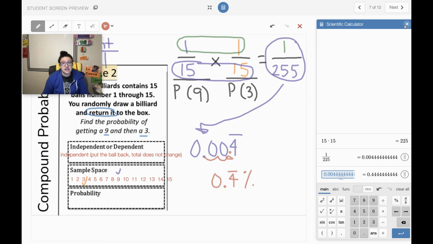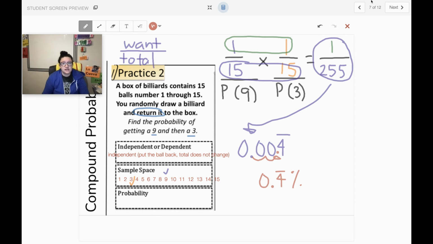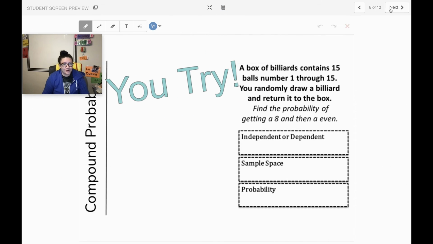Any questions? Let us know. Otherwise, we're going to have you try one on your own. Remember, the want over the total. I'm going to help you guys get this set up, but I want you guys to pull the numbers out on your own, okay?